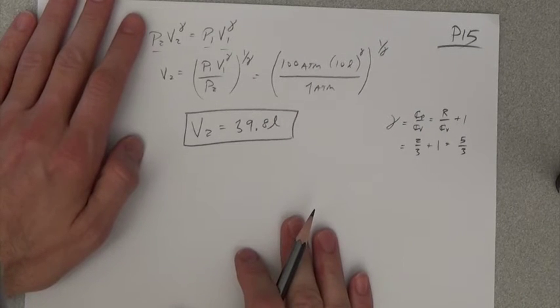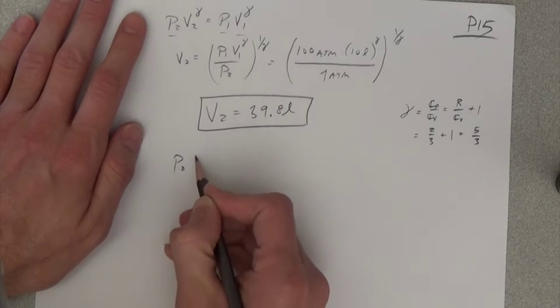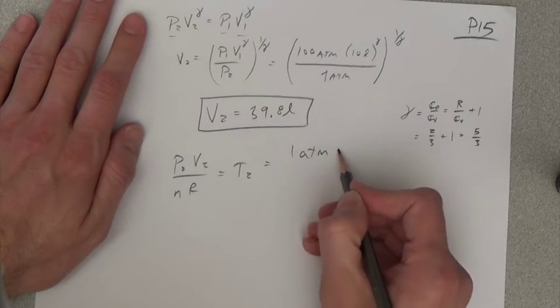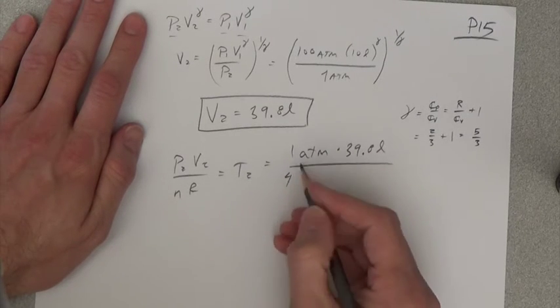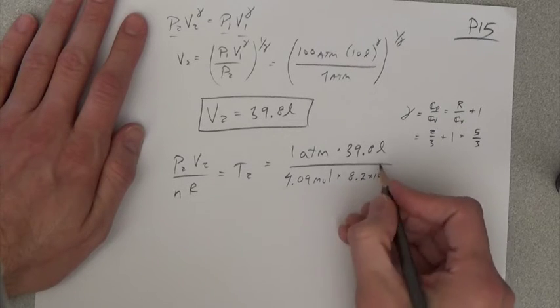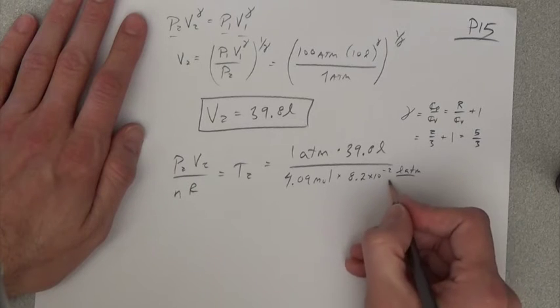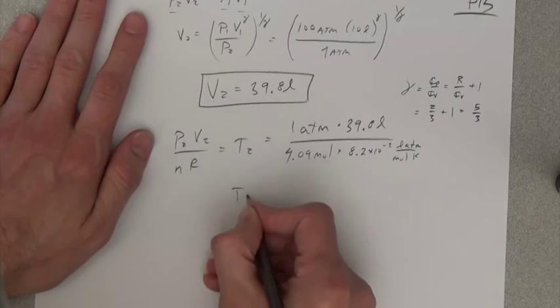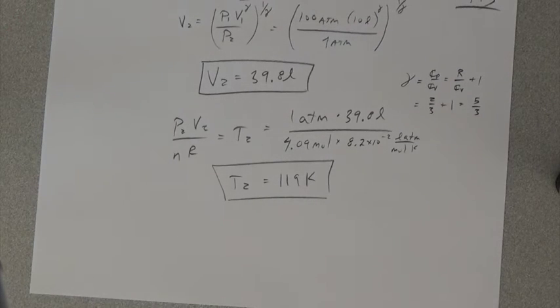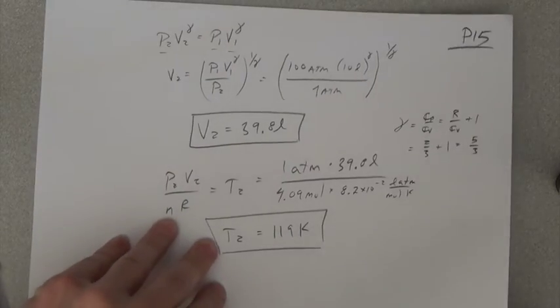Or I guess we have pressure, volume, and then the temperature comes from P2 V2 over NR is equal to T2, which is 1 atm times 39.8 liters over 4.09 mole times 8.2 times 10 to the minus 2 liter atmosphere per mole K. T2 is equal to 119 K. Going to the question of energy.